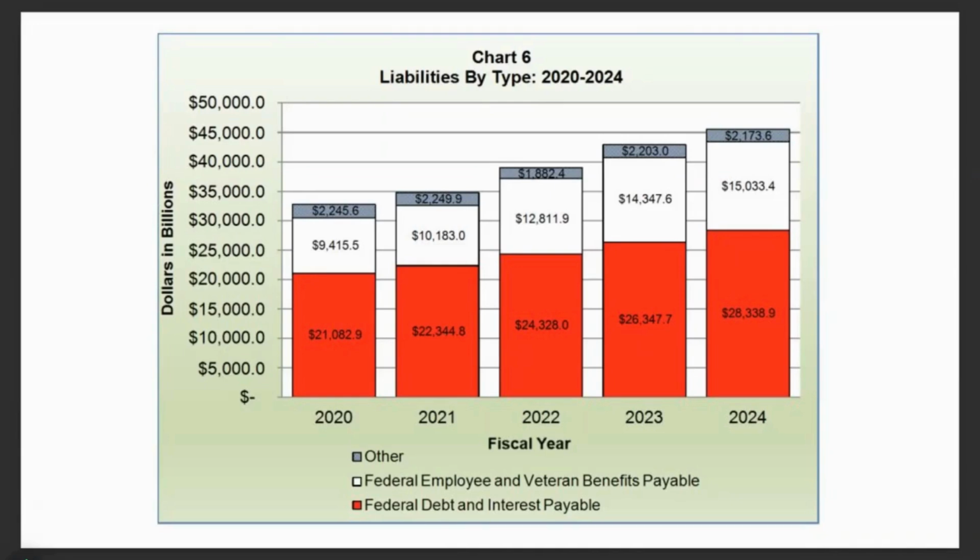And you can see over the last 5 years, they've each gone up steadily. The federal debt and interest payable, now 28.338 trillion. The federal employee costs and VA benefits payable, over 15 trillion. And if you total up all these numbers, the 2024 number is 45.5 trillion, up 2.6 trillion from the prior year.